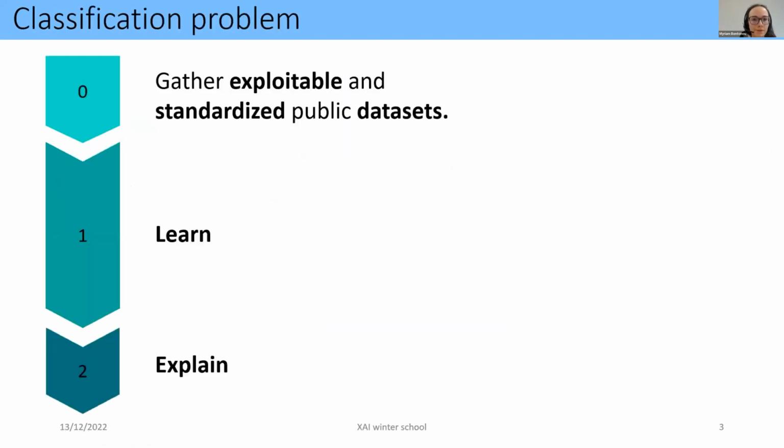The pipeline is really standard. So we need to gather exploitable and standardized public data sets with multi-omics data. For images, there are a lot of data sets available, and for biology, there is also a lot of data, but it is not shaped in a way that is directly exploitable by machine learning researchers.